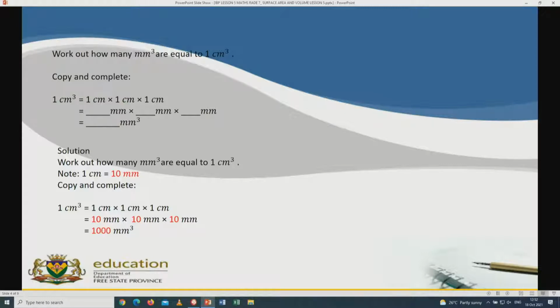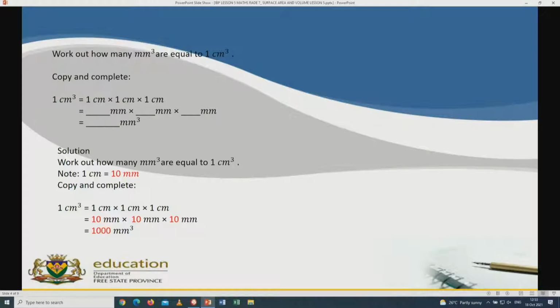Therefore, 1 cubic centimeter will be equal to this number of millimeters multiplied by this many millimeters and another millimeters, and therefore we'll end up with how many cubic millimeters.